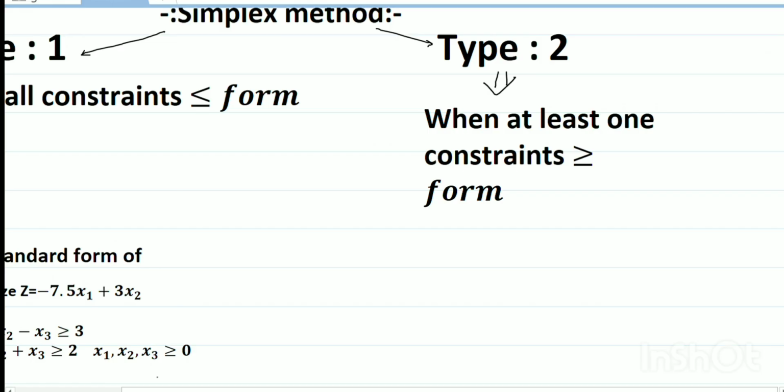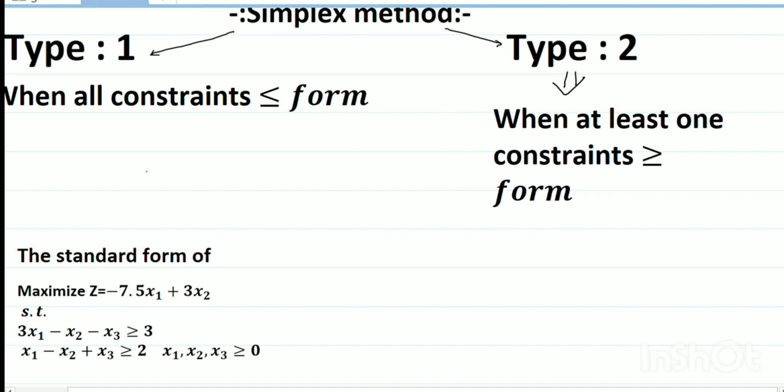So when it is type 1, okay, then we use the simplex method.